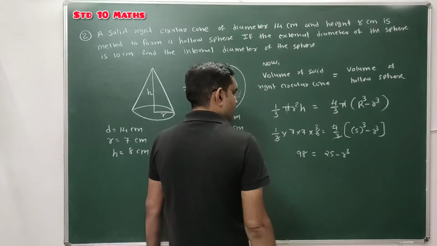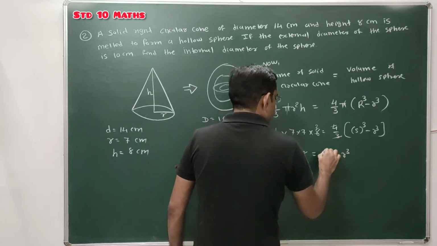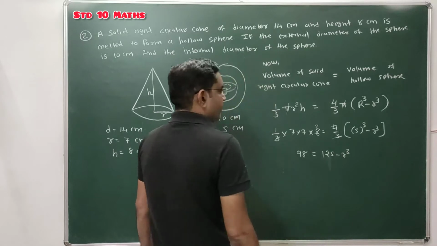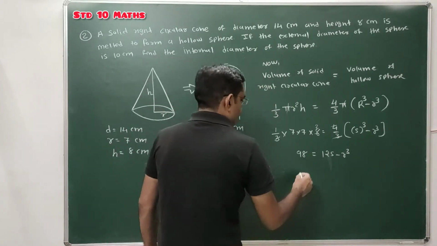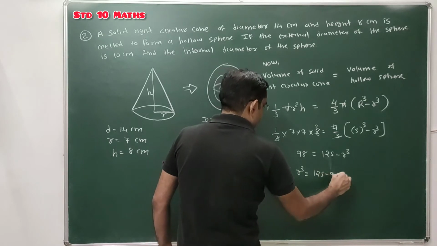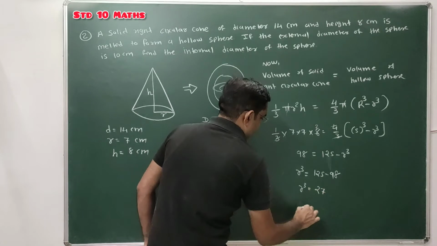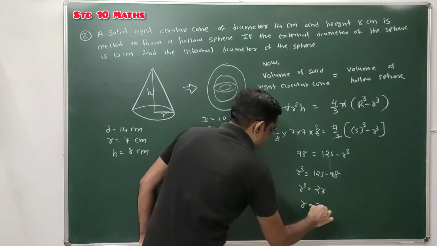Therefore 5 cube is 125, 25 5 is 125, so r cube is 125 minus 98, so r cube is 27, so radius r is 3 centimeter.